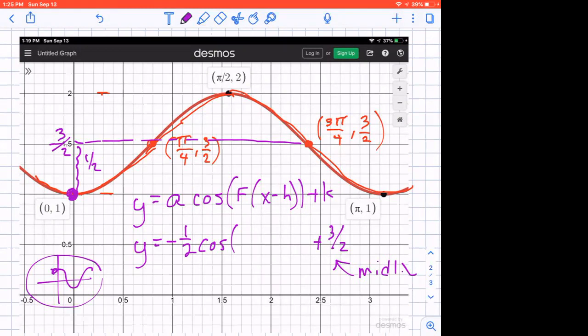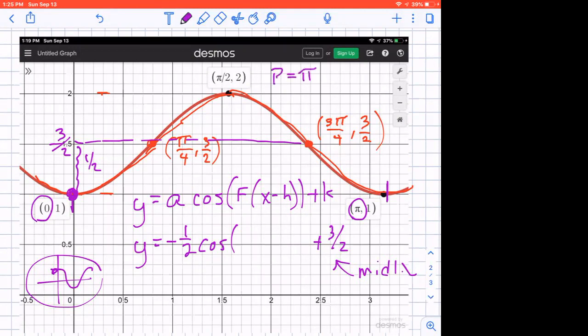Now the frequency. The total period here from beginning to end is pi. It goes from 0 to pi. So the period is equal to pi.